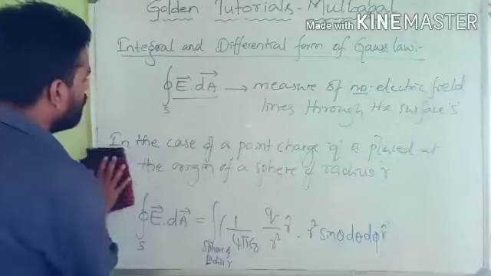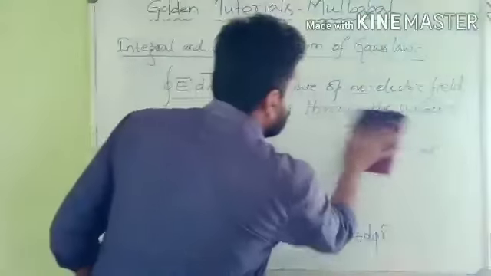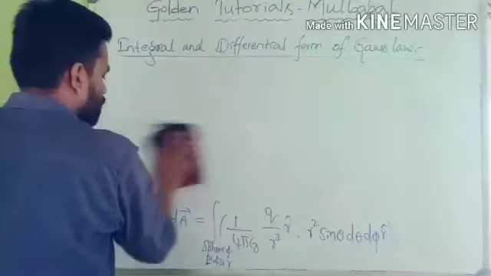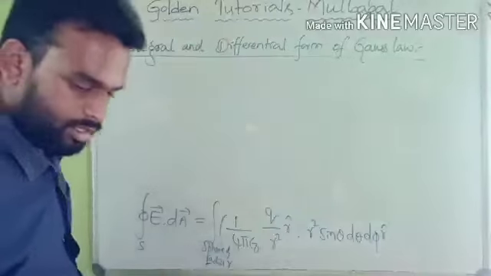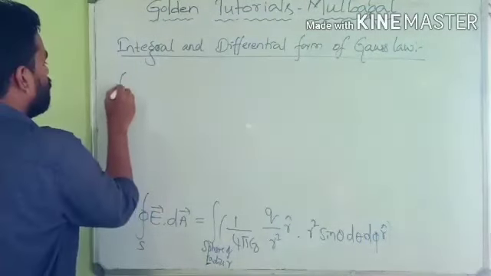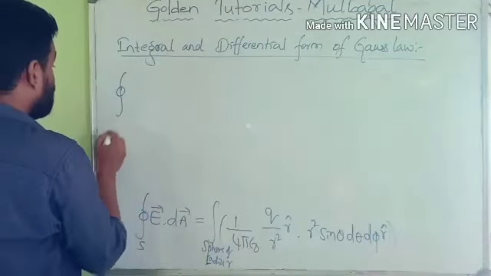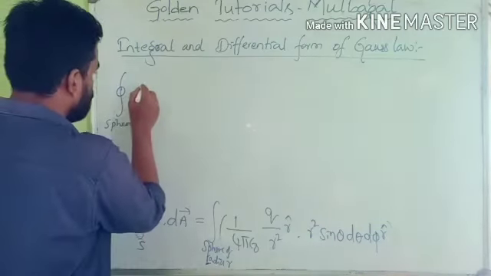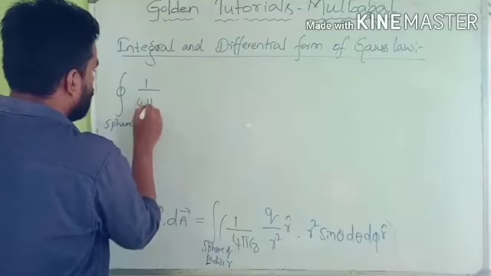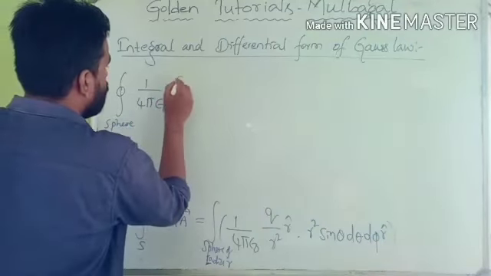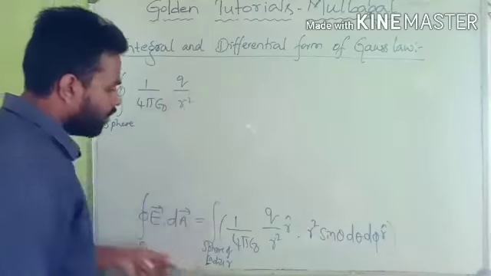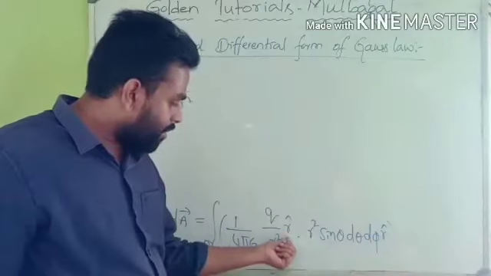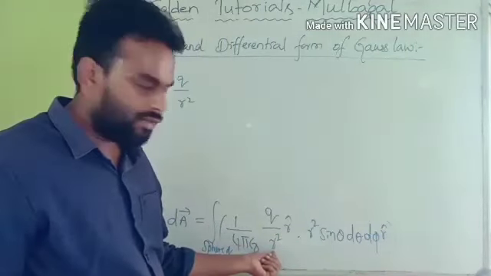Now I am going to erase these things. Now see, I am going to write the total electric flux, that is the integral over the closed sphere of radius r of 1 divided by 4 pi epsilon naught q divided by r square r cap. Look at this quantity, it is a dot product of these two quantities, where r cap is the unit vector along the radius of the sphere.